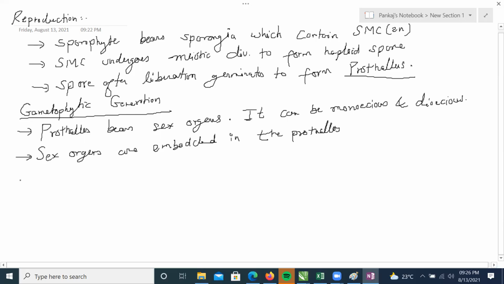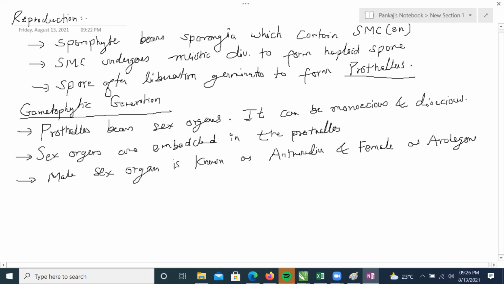The male sex organ is known as antheridia, and the female as archegonia. Okay.